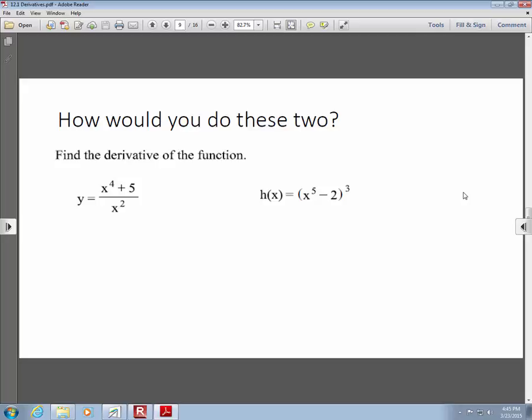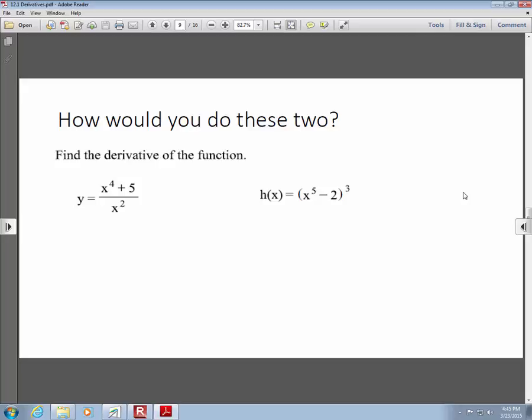Okay, now I'm going to do this one. Now this one, what you're going to have to do is, x to the 5th minus 2 cubed is the same thing as saying x to the 5th minus 2 times x to the 5th minus 2 times x to the 5th minus 2. Means you got to multiply it times it. Okay? Oh, okay, so here we go.